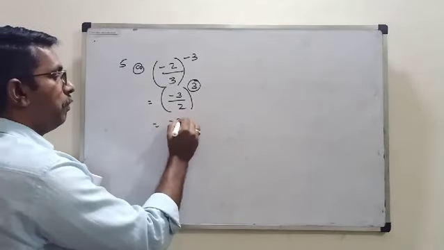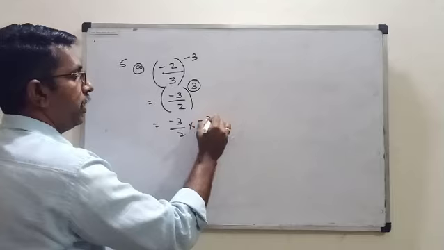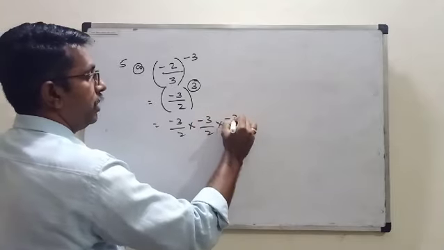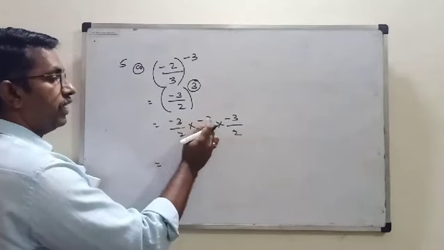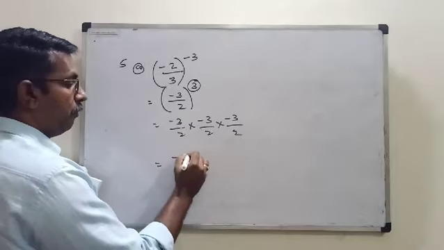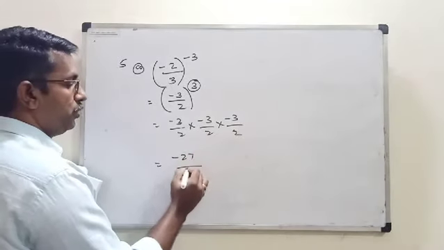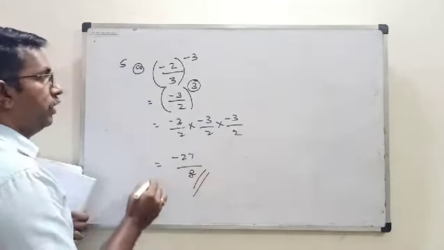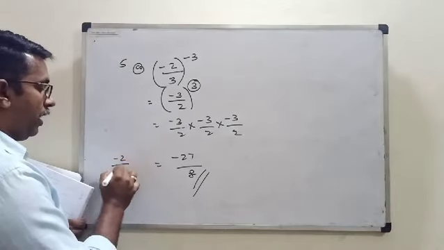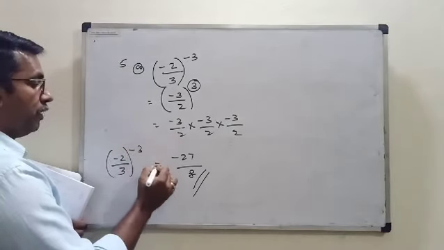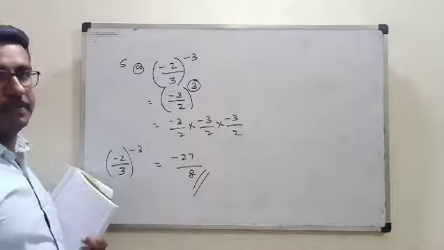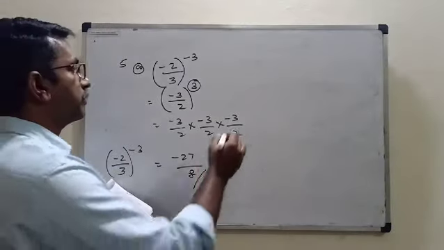And now you see minus 3 by 2 into minus 3 by 2 into minus 3 by 2. Minus 3 into minus 3 into minus 3, minus 27. 2 into 2 into 2. So minus 2 by 3 to the power minus 3 is equal to minus 27 upon 8.